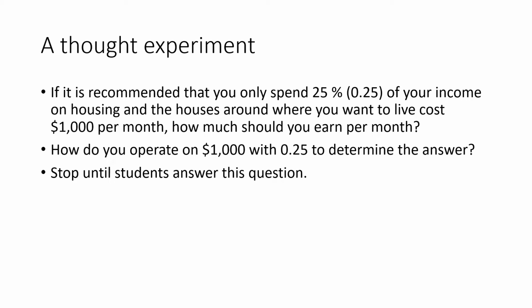Let's say you want to live in a neighborhood that costs $1,000 per month, and you follow the standard budget recommendation for living expenses, which says you have to spend 25% of your income on housing. How much do you think you should earn per month to cover the $1,000 you will be paying for housing? Give it a thought, and that may help you answer the previous question.